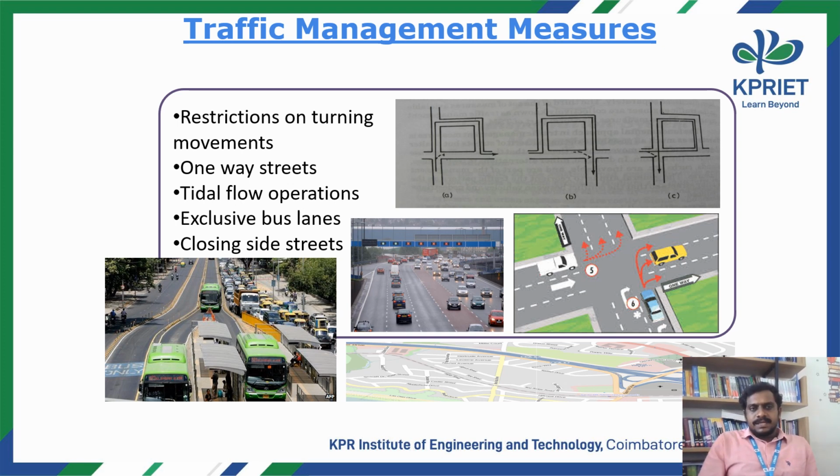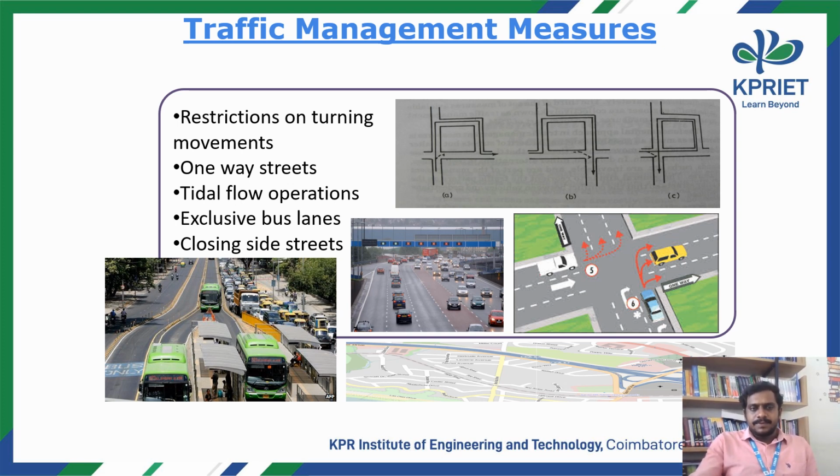A few examples are restrictions on turning movements, which is given in this diagram. The turning movements, that is free left, which can be altered like this, staggered. One-way streets, that is traffic is allowed only in one direction. Tidal flow operations, that is timing can be changed.